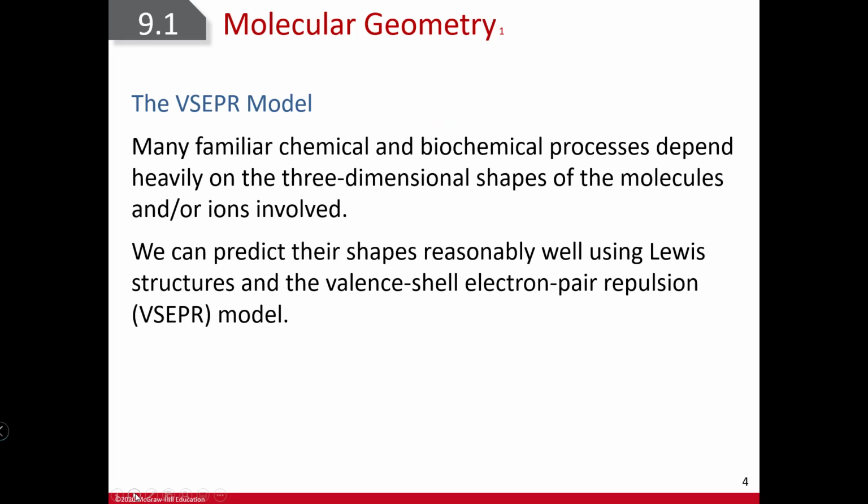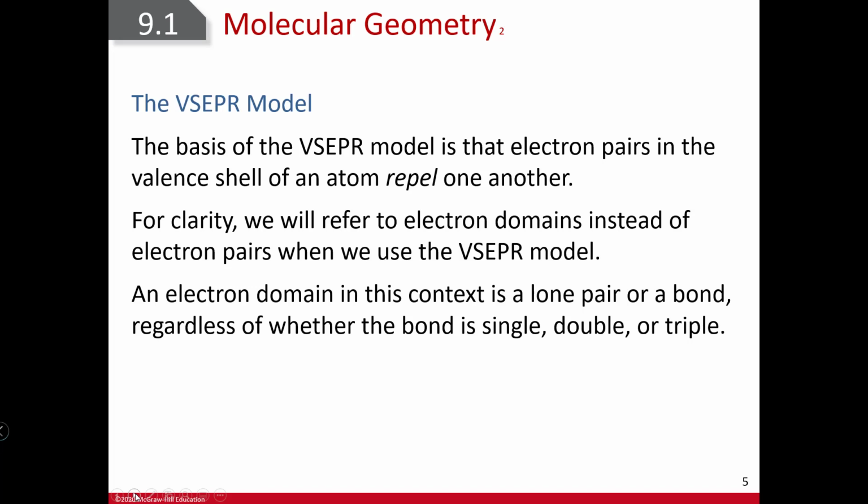Alright, so valence shell electron pair repulsion theory is the model that we use to determine the 3-dimensional geometry of covalently bound compounds. And it does a really good job. For as simple as this theory is, it does a very good job. What this theory does is it gives a hierarchy to electron pairs that repel each other.